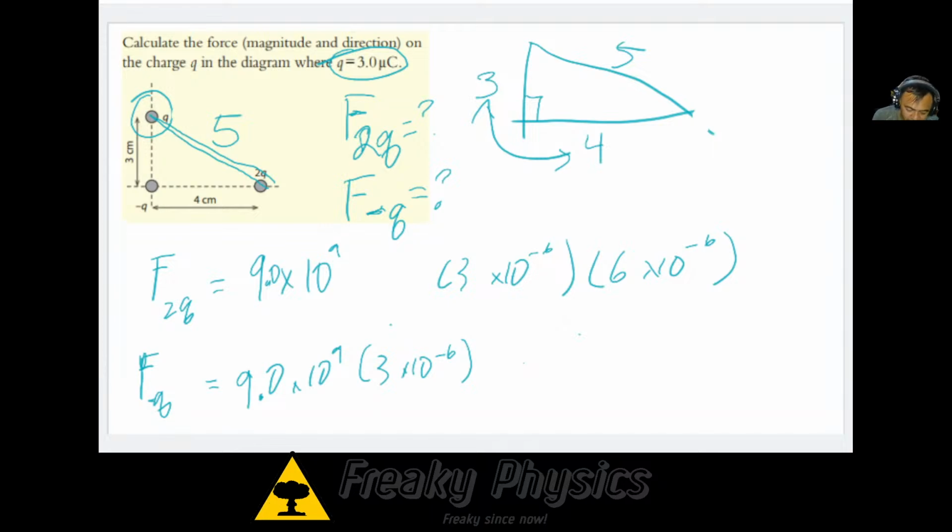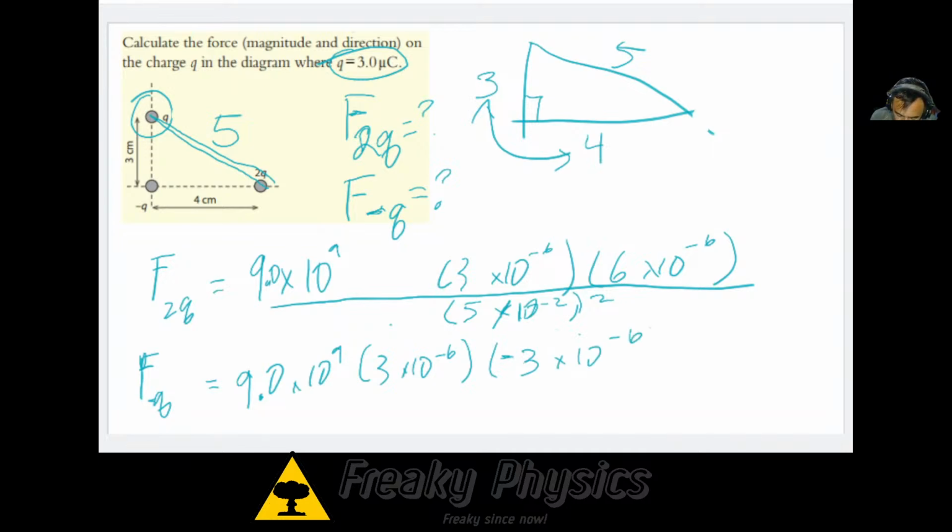Oh yeah, you're right, because it's in centimeters. So that's gonna be 5 times 10 to the minus 2 squared, right? Great, you spotted that. Then for this other one, back to negative q, you're gonna put the negative 3 times 10 to the minus 6, all over, same thing, 5 times 10 to the minus 2 squared.